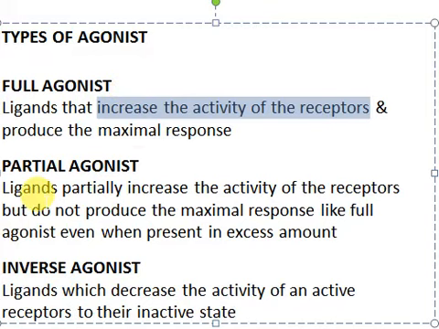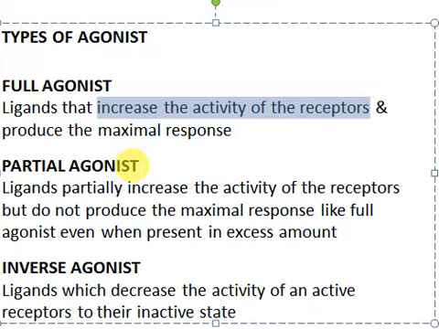While if a ligand only partially increases the activity of the receptor, so when a ligand binds with a receptor and the receptor gives a partial response, not a full response, in such a case we say that the agonist is a partial agonist. It doesn't matter how much you increase the amount of the agonist, the receptor will never give you a full response.